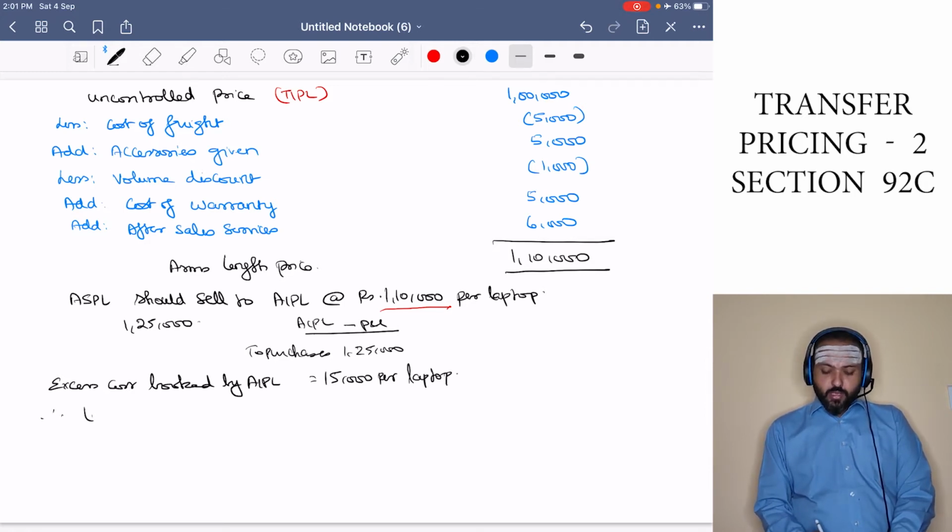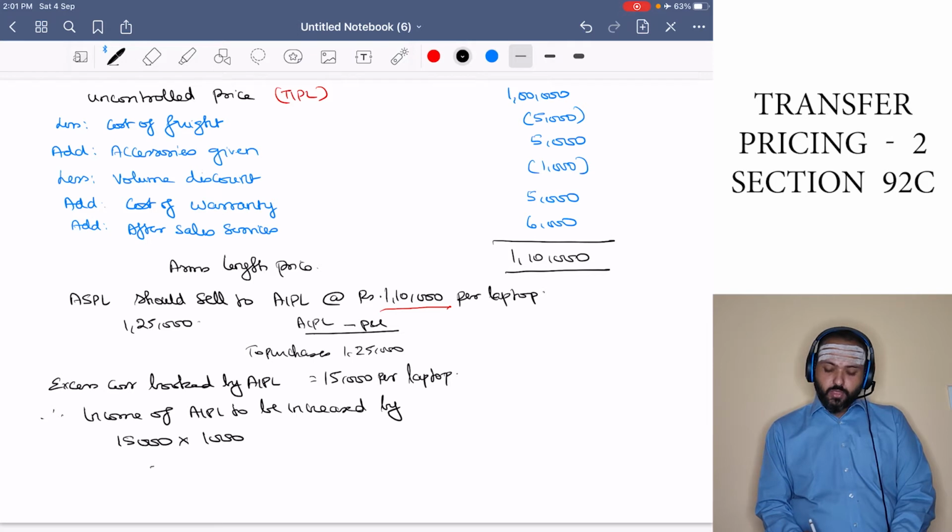Therefore, income of AIPL is to be increased by 15,000 into 1,000, which is equal to rupees 1 crore 50 lakhs. So this is the adjustment that you will have to pass.